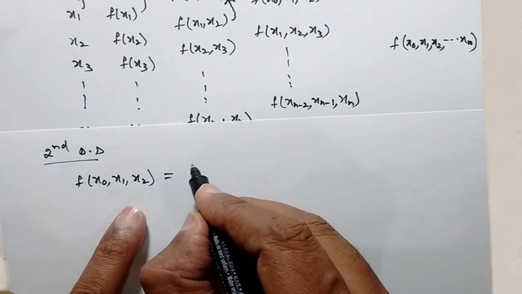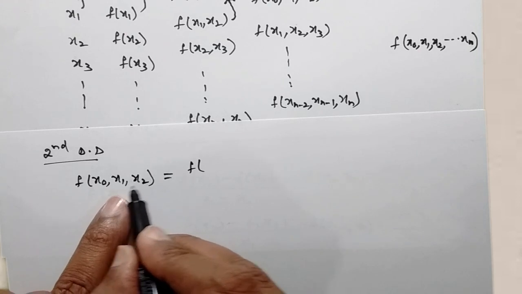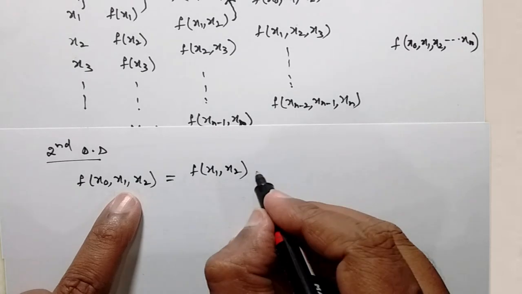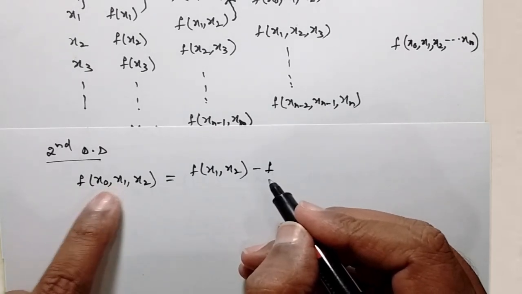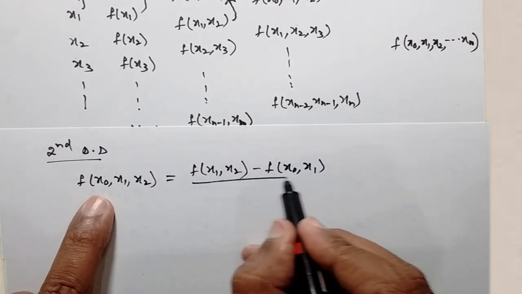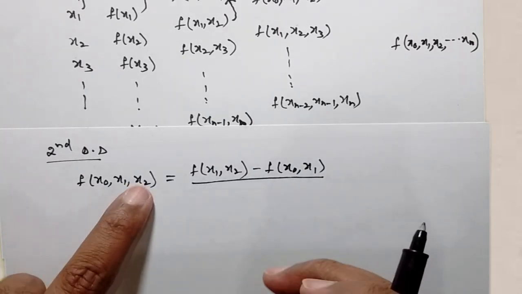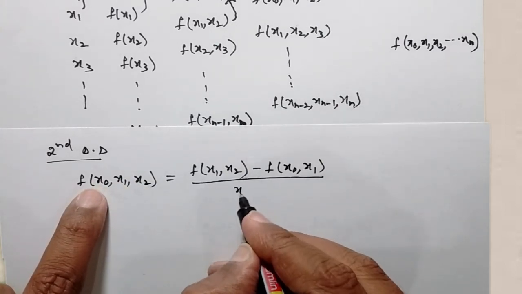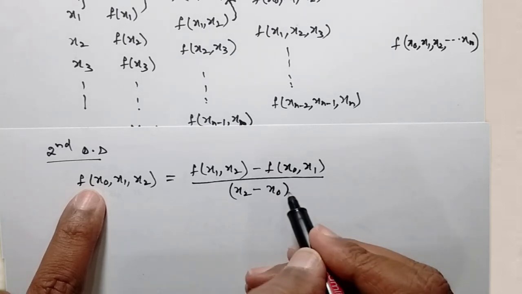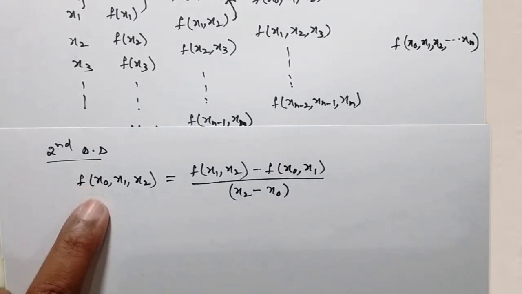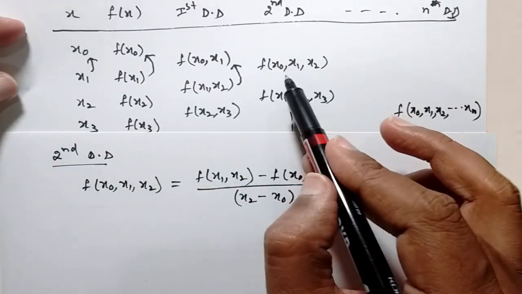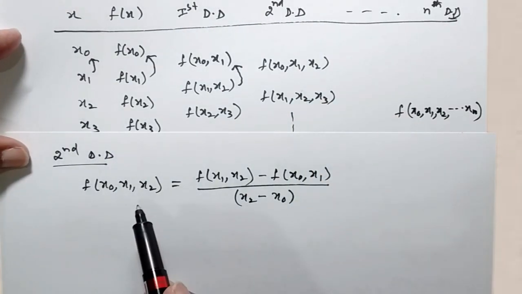That means the function of the final two values, f of x1, x2, minus the function of the first two values, f of x0, x1, divided by the denominator: the final value minus the initial value. x2 is the final value minus the initial value x0. So this is how you write the second divided difference first value, f of x0, x1, x2.